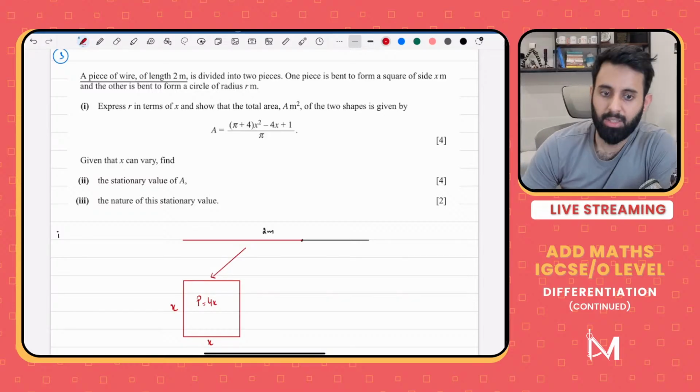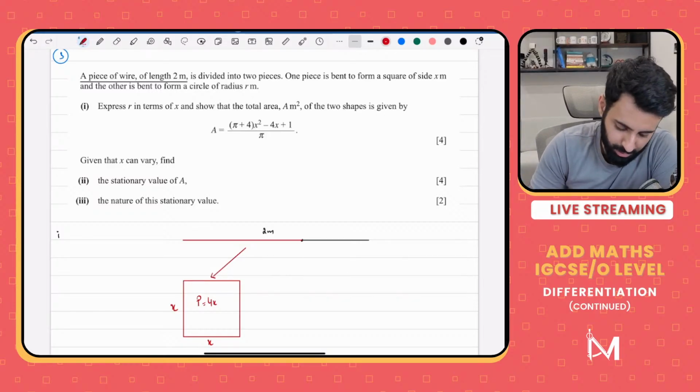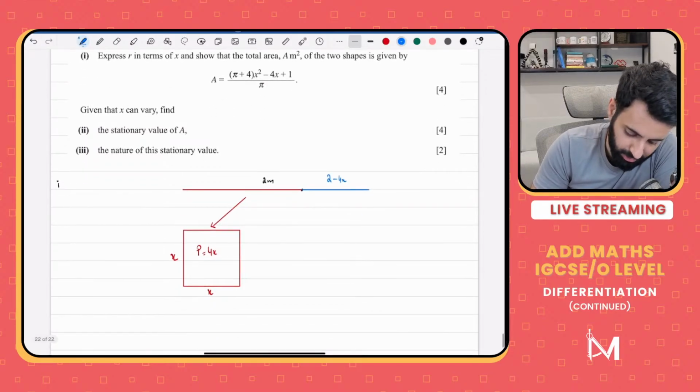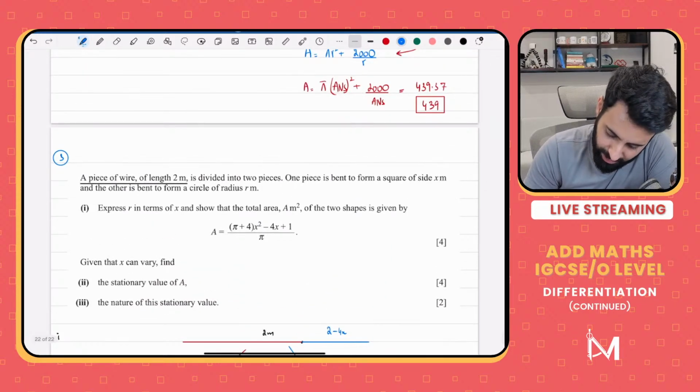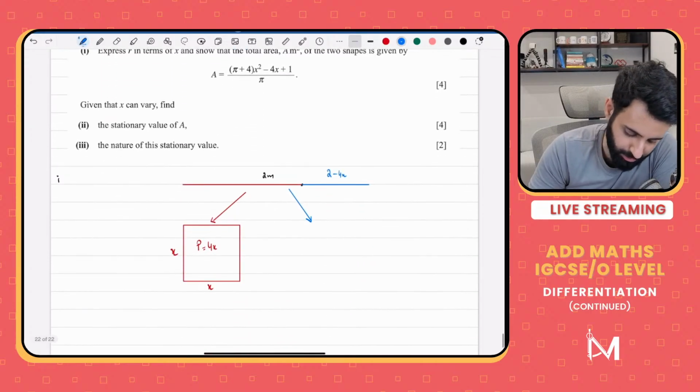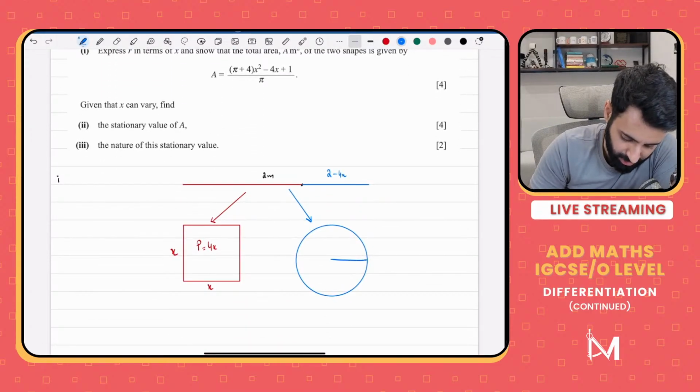Now, if 4x wire out of 2 is used, what's left? What's left will be 2 minus 4x. And this we are using to form a circle. What's the radius of the circle? The radius of the circle is r.